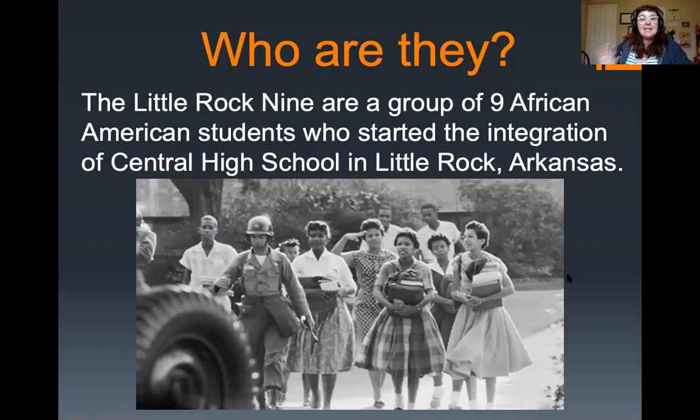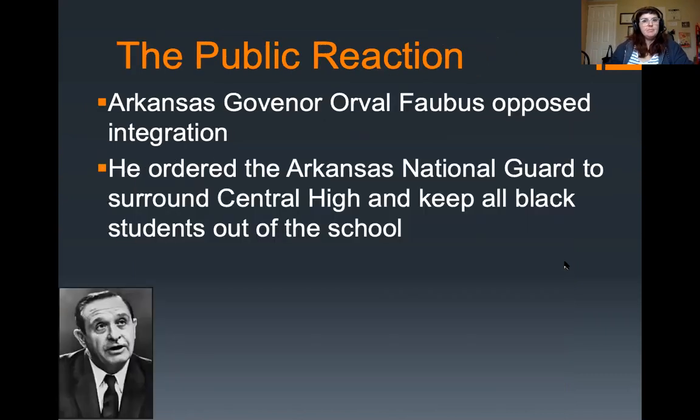So basically, these 9 Black students volunteered to integrate Central High School in Little Rock, Arkansas, which is a state that has historically been extremely pro-Jim Crow and segregation. So the federal government, the Supreme Court, says, hey, Arkansas, you need to integrate. And these 9 students will be coming to this white school.